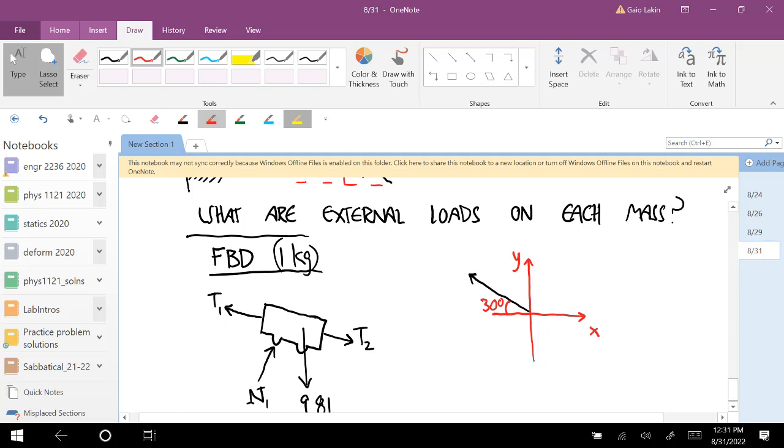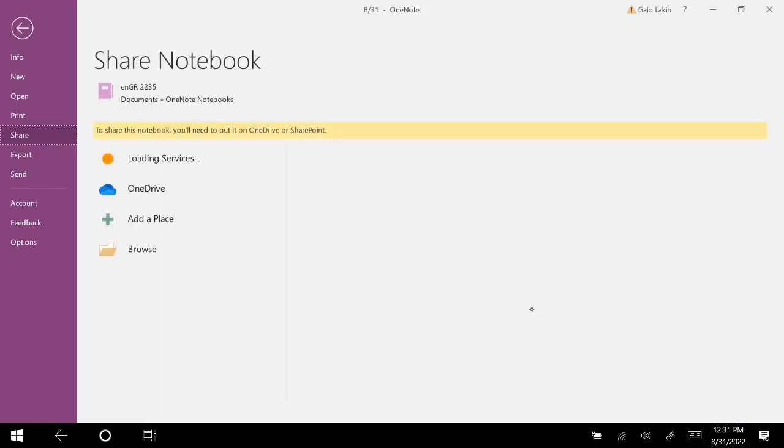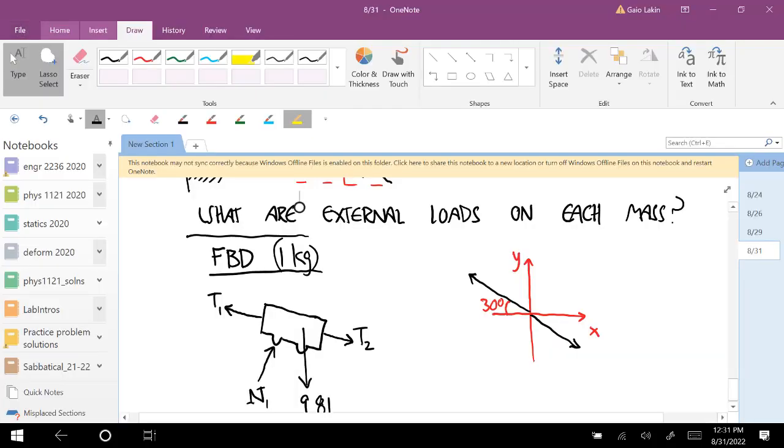So when we know the counterclockwise angle from the positive x-axis here, that's going to give us our force for T1. T2 is 180 degrees from that. And the normal force is 90 degrees from either one of those.